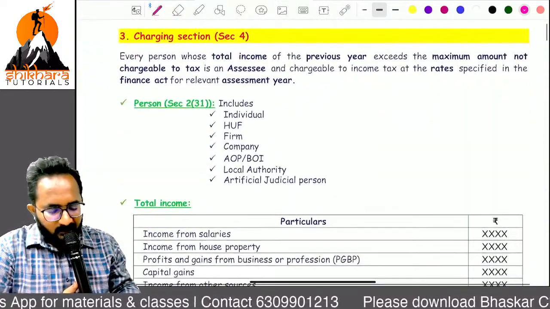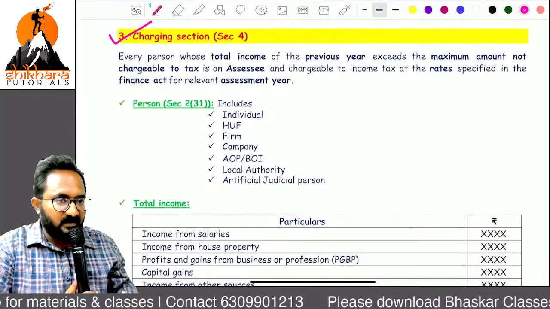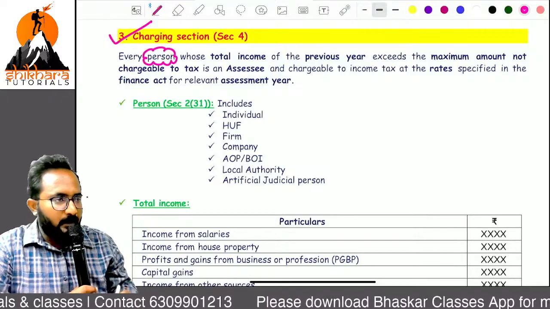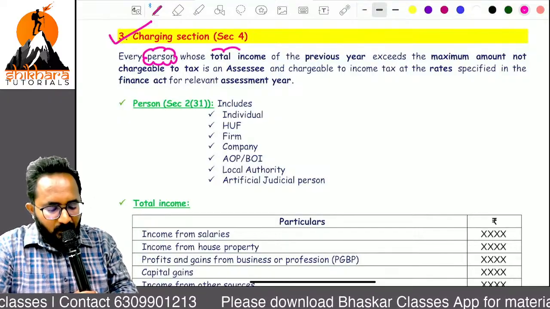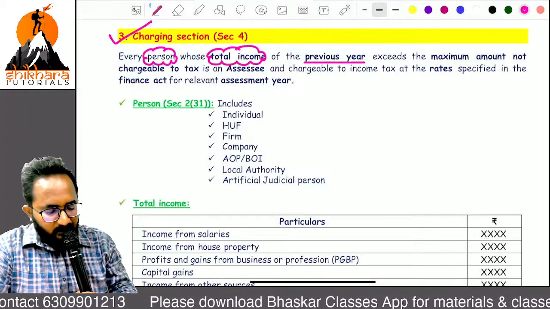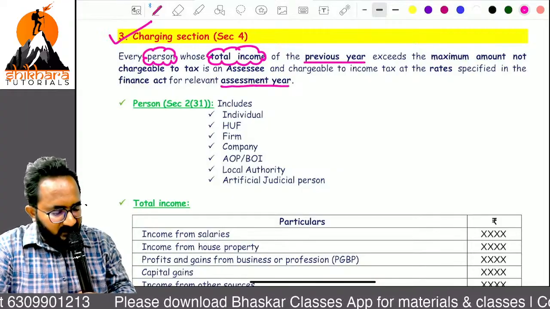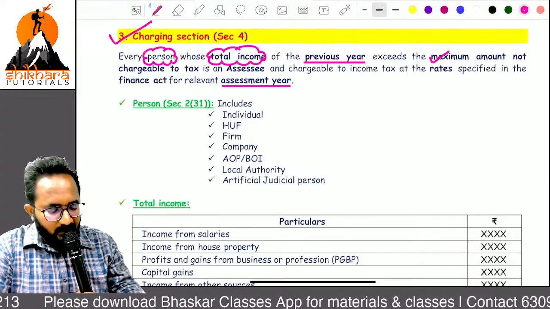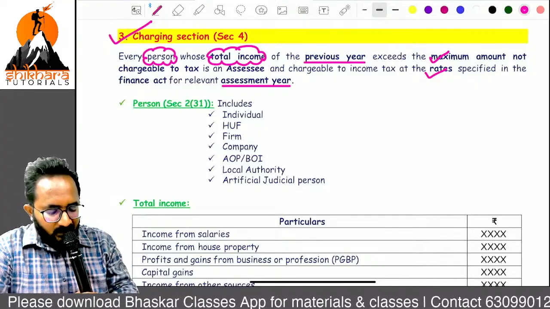Next one, ma, the charging section we discussed. In this charging section, we covered these definitions. First, person definition. Next, total income definition. Next, previous year, assessment year. That means we discussed the general rule, then the basic exemption limit, then tax rates, then surcharge.